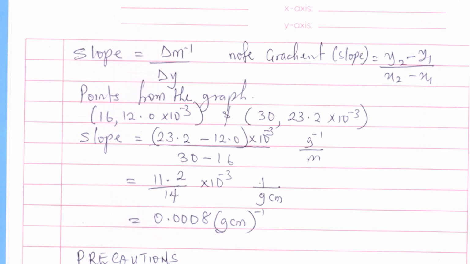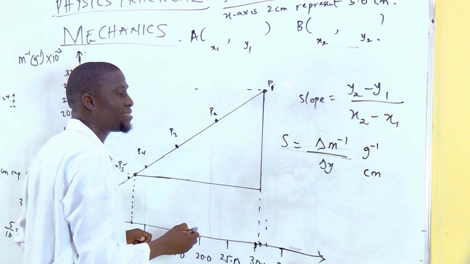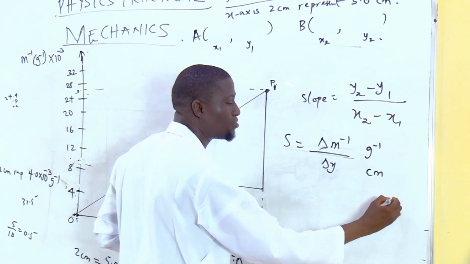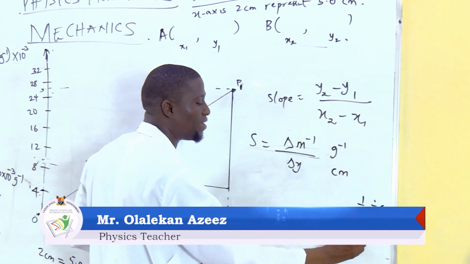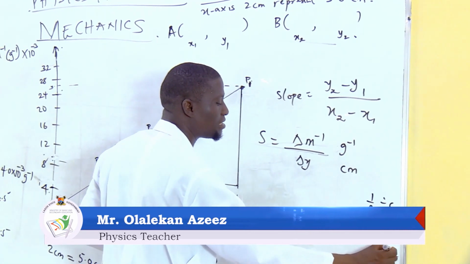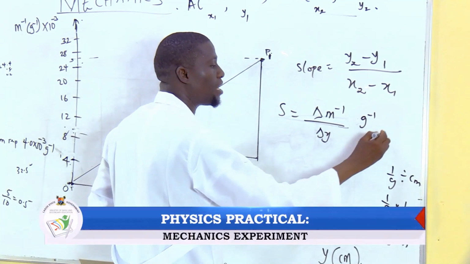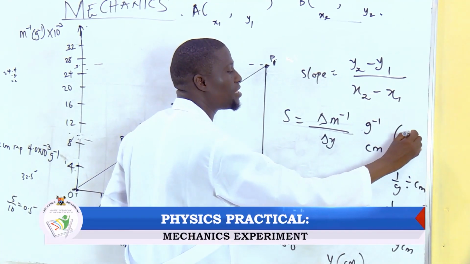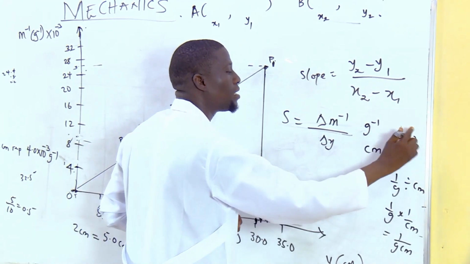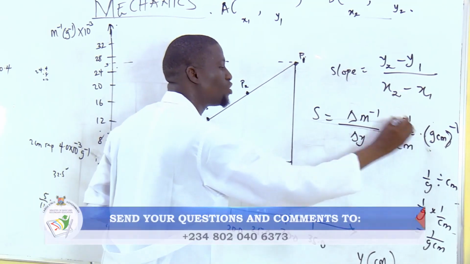Quickly, don't forget, quickly add your unit as well. Per gram over centimeter, you can calculate that out. 1 over gram divided by centimeter. 1 over gram times 1 over centimeter. So we have 1 over gram centimeter. So we can conclude that the unit here is (gram centimeter) raised to power minus 1. That's what these units will give us.